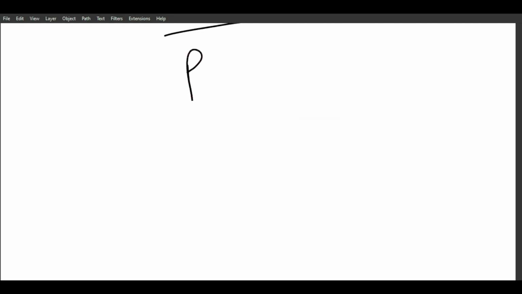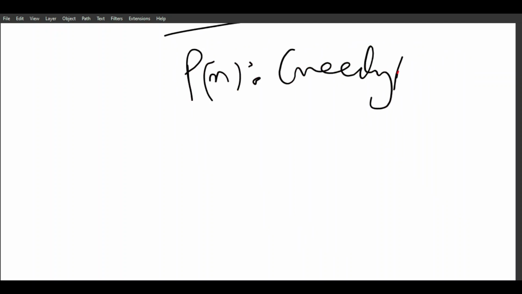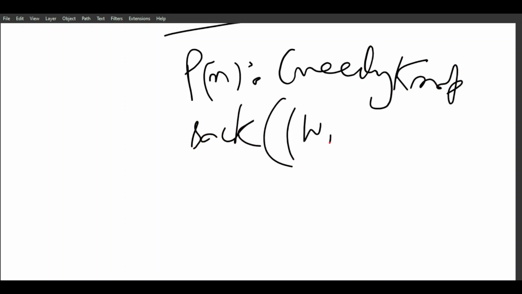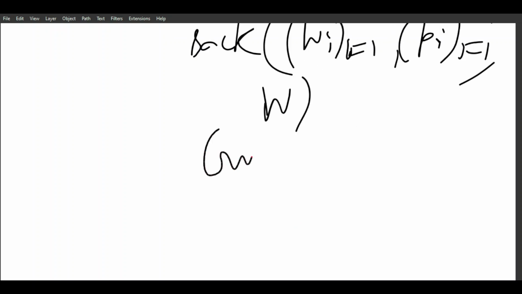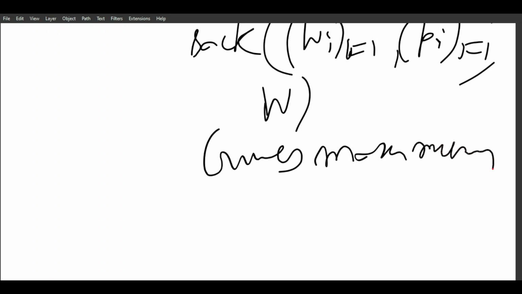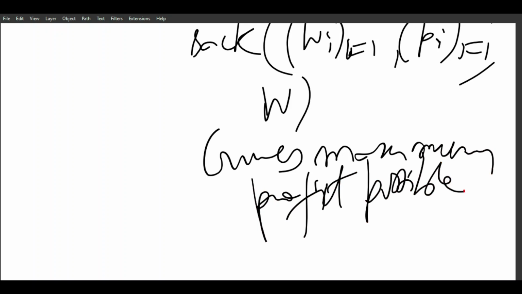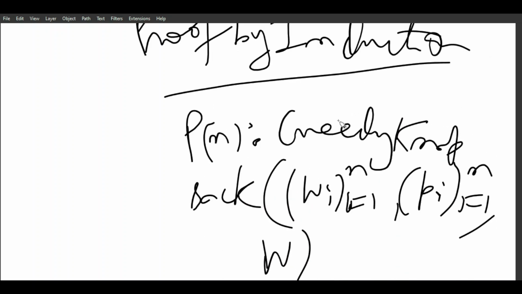This is our statement P(n): this greedy knapsack with weights w_i, i is 1 to n, p_i, i is 1 to n, and capital W gives the maximum possible profit.